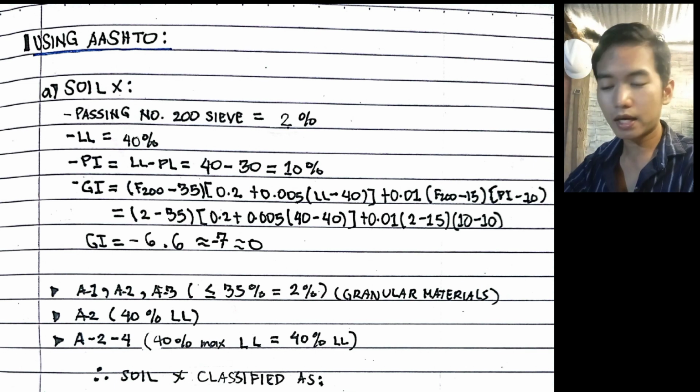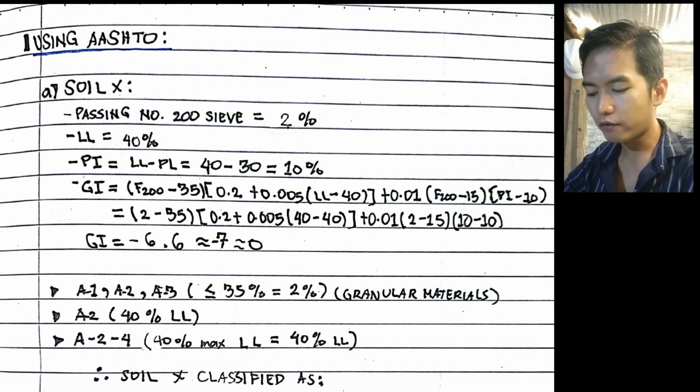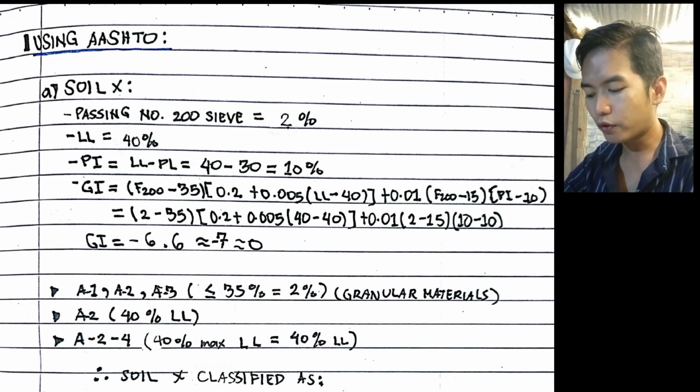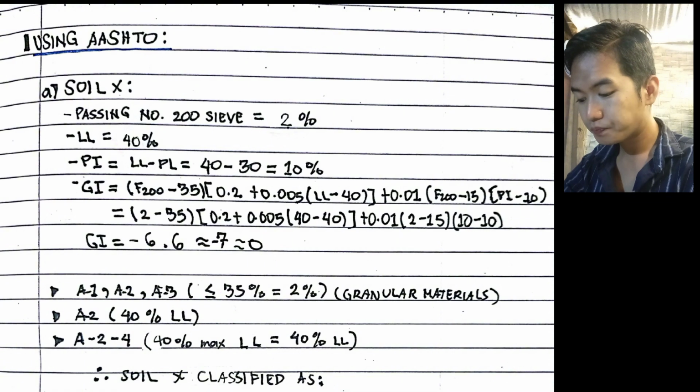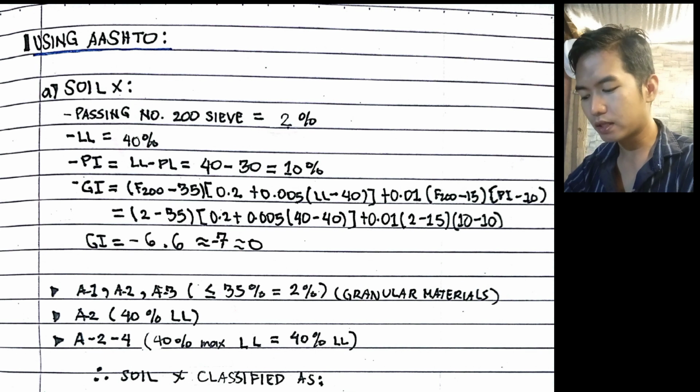So first, in categorizing using AASHTO, since its passing number 200 sieve is less than or equal to 35%, it is A1 to A3: A1, A2, and A3. Then categorizing down, it is classified as A2, canceling A1 and A3, because the liquid limit is 40%.